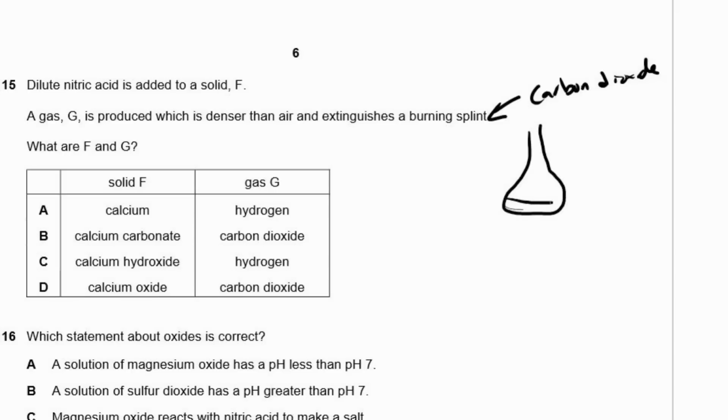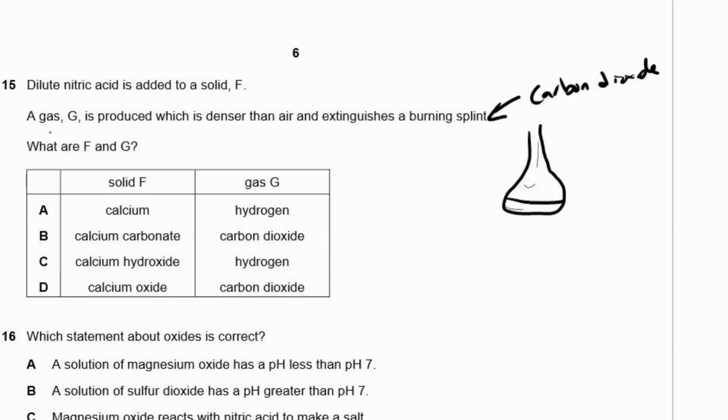Carbon dioxide will stay at the bottom and the normal air will be above. And the burning splint, well, you need oxygen to light a splint, so that's the test for carbon dioxide. Does it extinguish a burning splint?